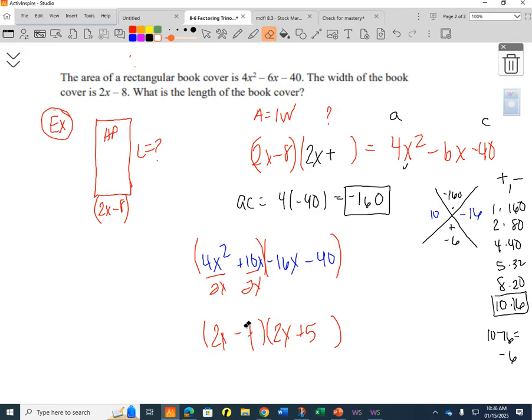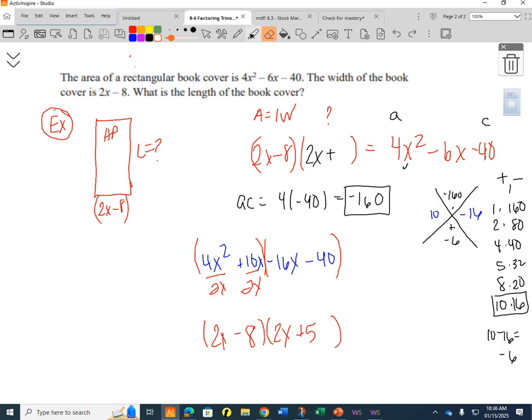Y'all got to catch me when I make a mistake. What did I do wrong there? 2x.